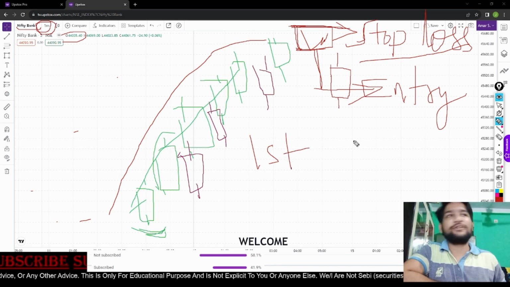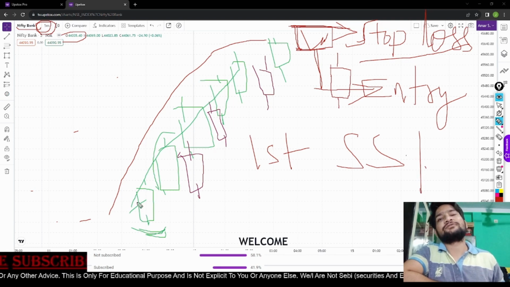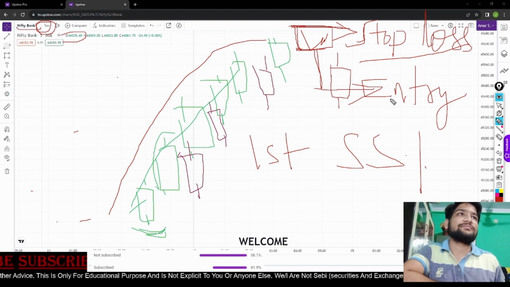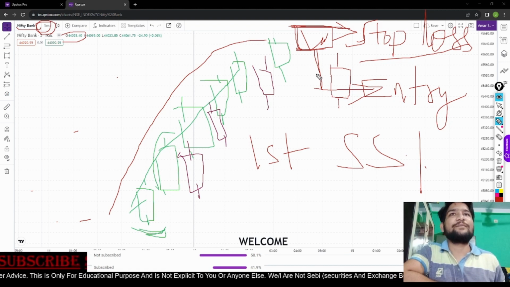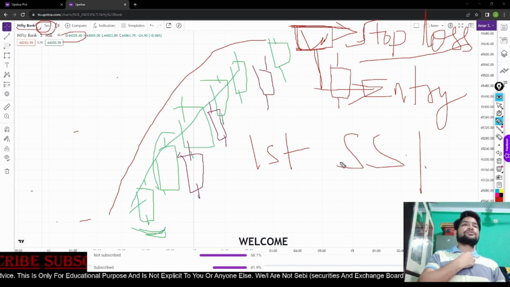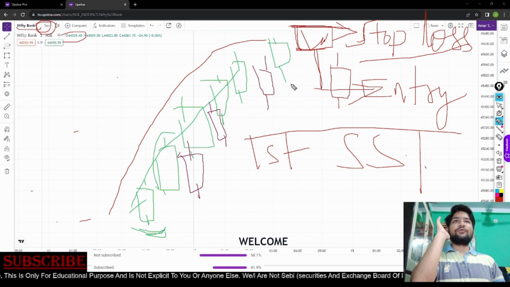is 55% of the trend, right? So if it is a movement of 200 points, then we should expect around 110 points, 120 points. The first target should be 110 points, 55% of the prior trend.